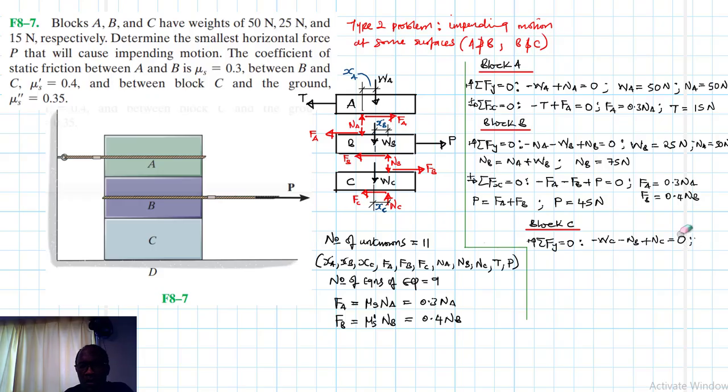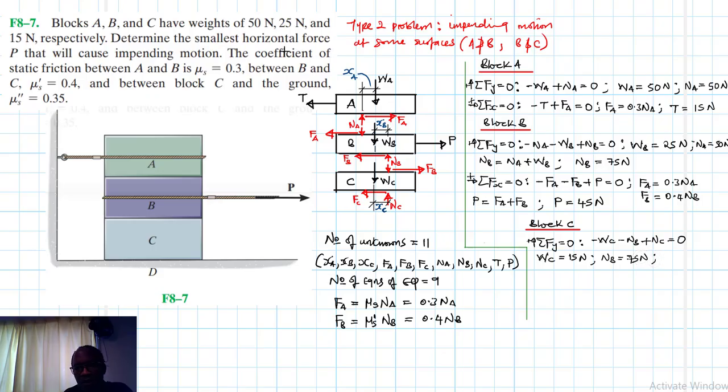WC is equal to 15 newtons. NB is equal to 75 newtons.